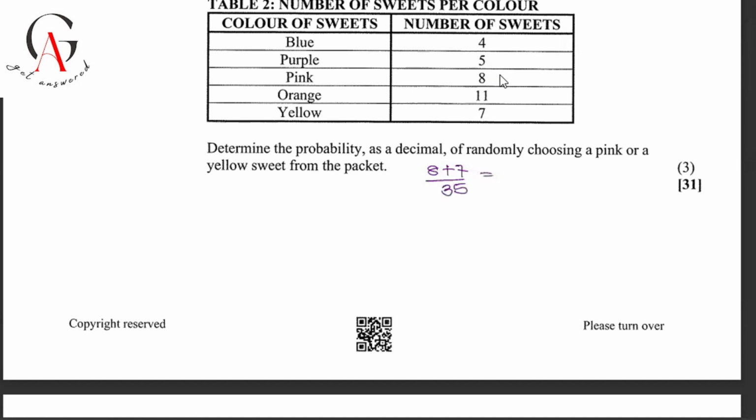This is 15 out of 35, which is 15 divided by 35, 3 out of 7, as a decimal to be 0.4285. But we usually round off to two decimal places, so it becomes 0.43.